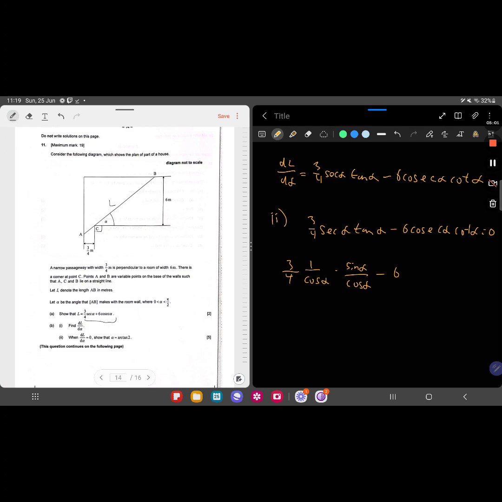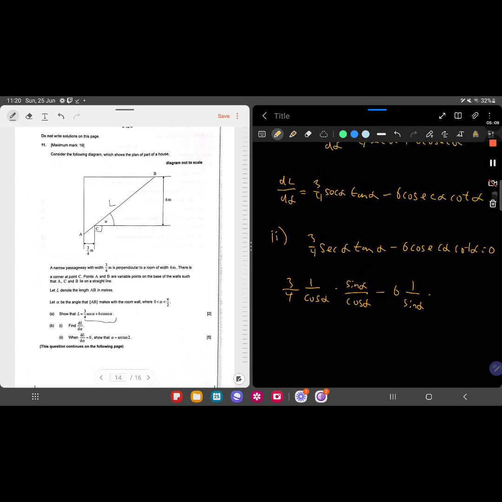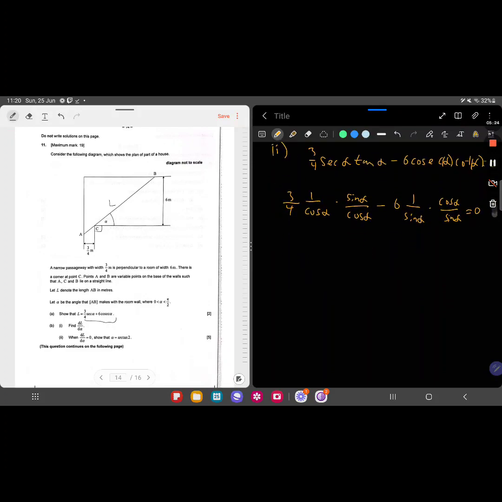Cosec alpha is 1 over sine, so 1 over sine alpha times, this part looks confusing, that's brackets, 1 over sine and then cot is 1 over tan, so cos over sine, equals 0.